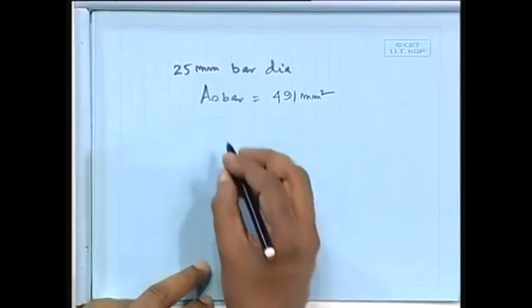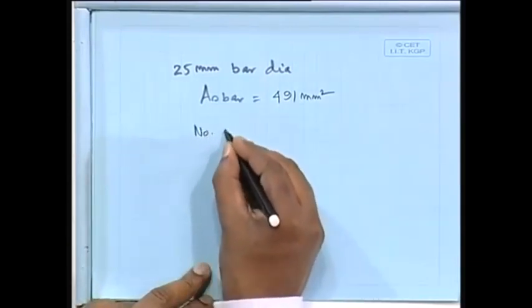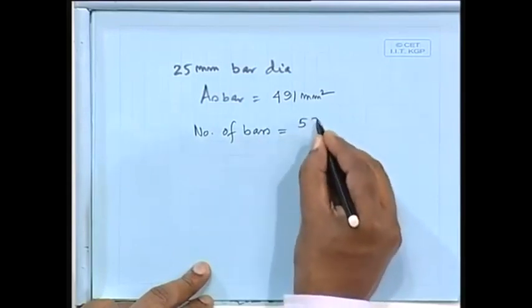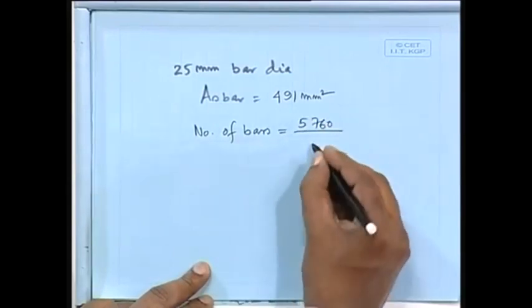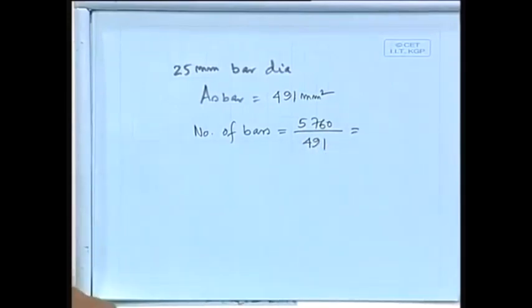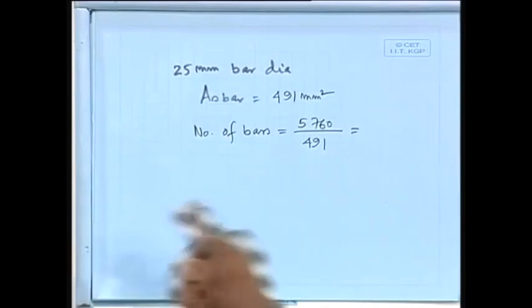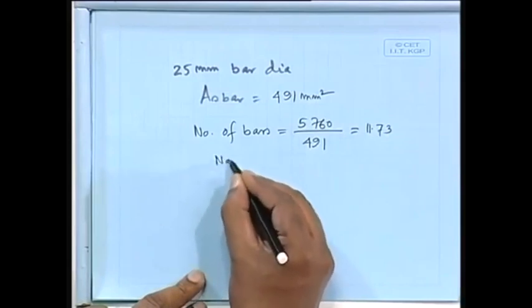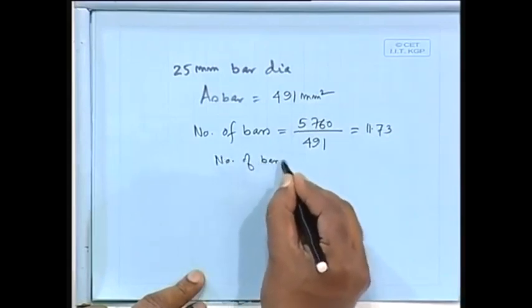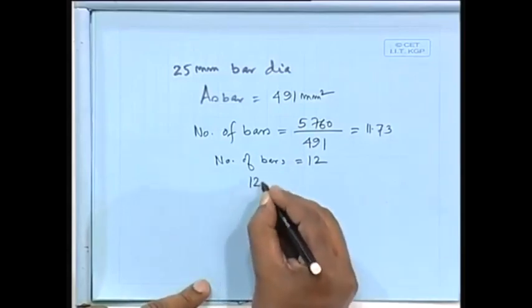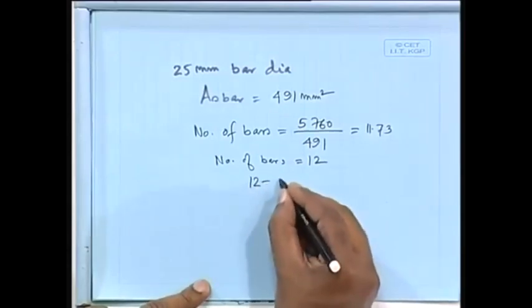So how many bars? 5760 divided by 491, which comes as 11.73. Number of bars, that means 12 at least you have to provide. So 12 numbers, 25 torr.